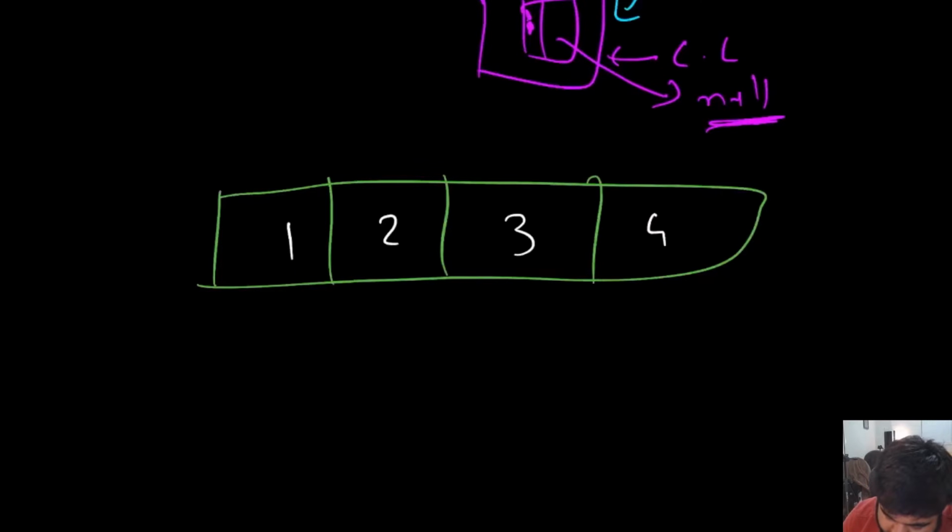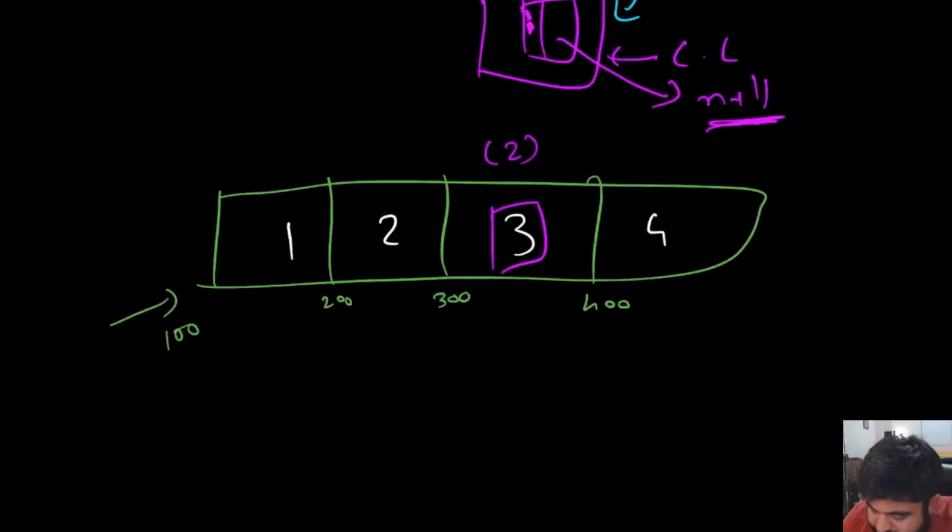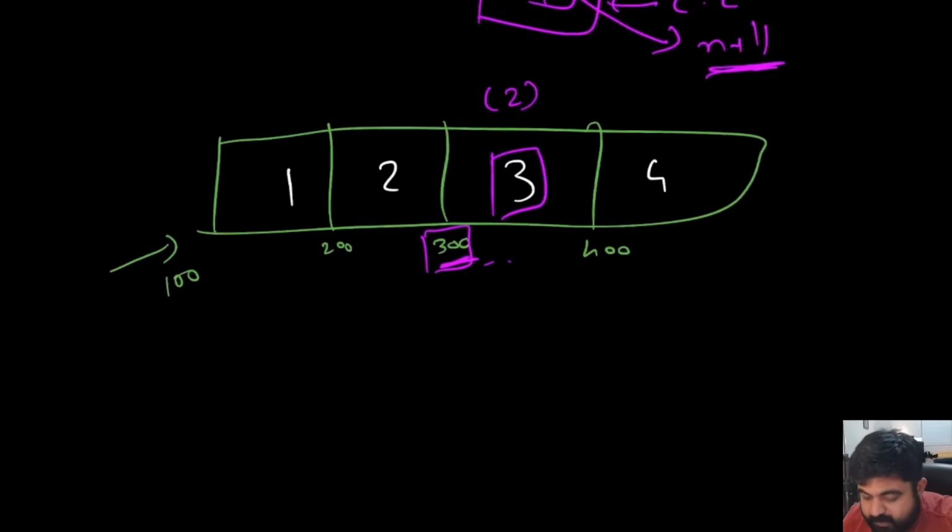So suppose in the CPU, let's say that this block starts at value number 100, and then this block would start at 200, and then this block would start at 300, and this block would start at 400. So if we want to access this value number 3 or the position number 2 inside the index, then all the computer has to do is go to this cell or this bucket that is located at position number 300 inside the memory of the computer.